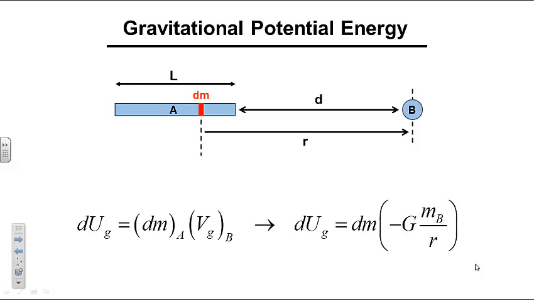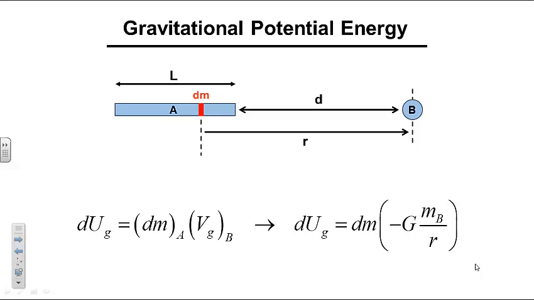In this equation, the infinitesimally small contribution to the total gravitational potential of the system depends upon the variable r, which is the distance between particle B and an infinitesimal bit of mass in the rod.